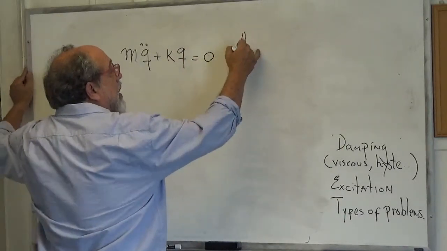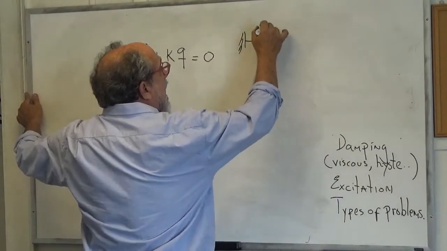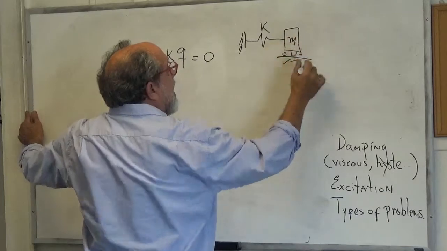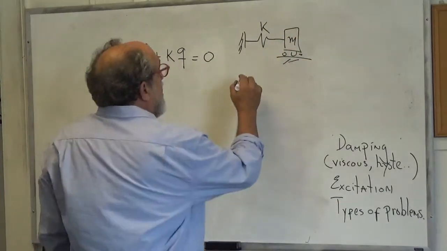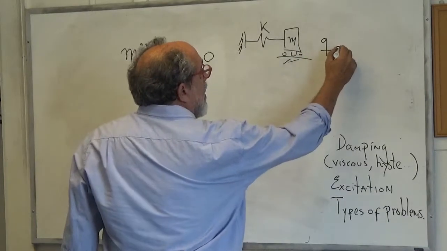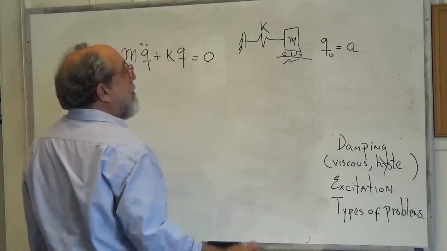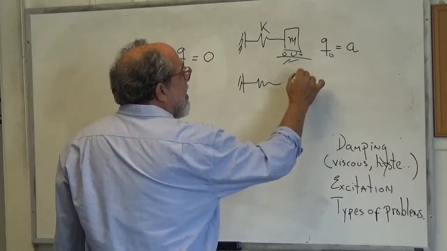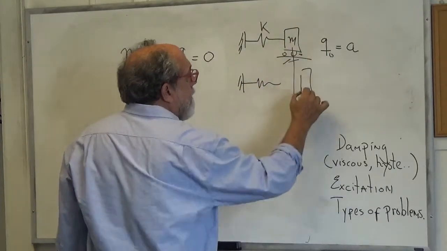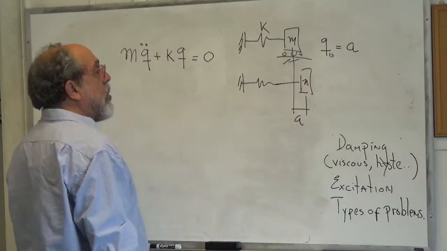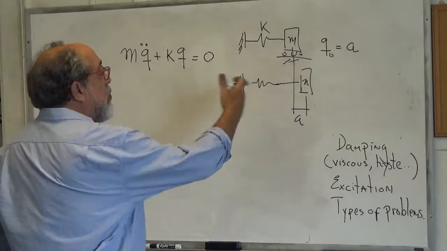So if we just look at this system with a spring and a mass, mass m, spring k, and this system is set up from some initial condition, let's say q(0) equals a, so you move the system over a distance a and then you let it go, that system would vibrate forever.